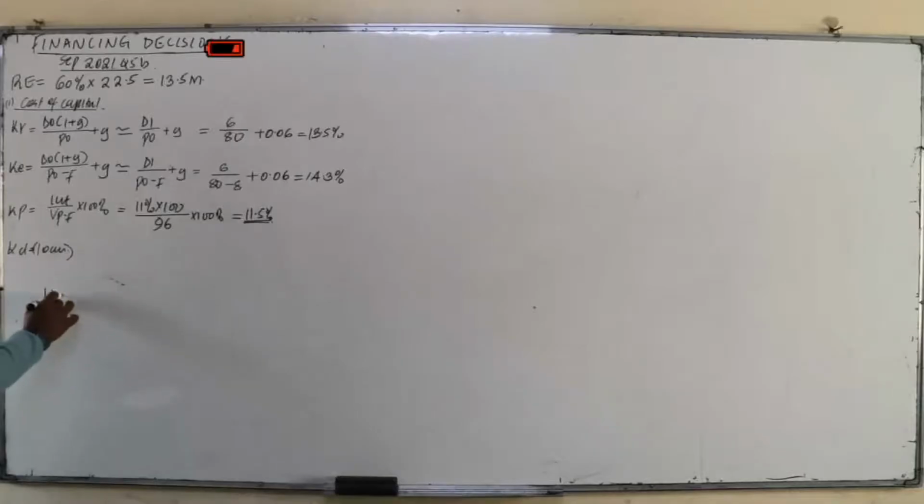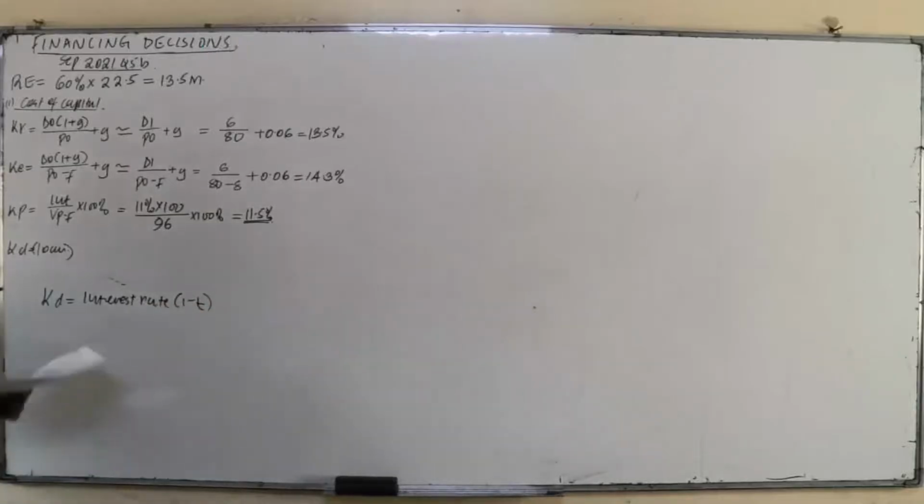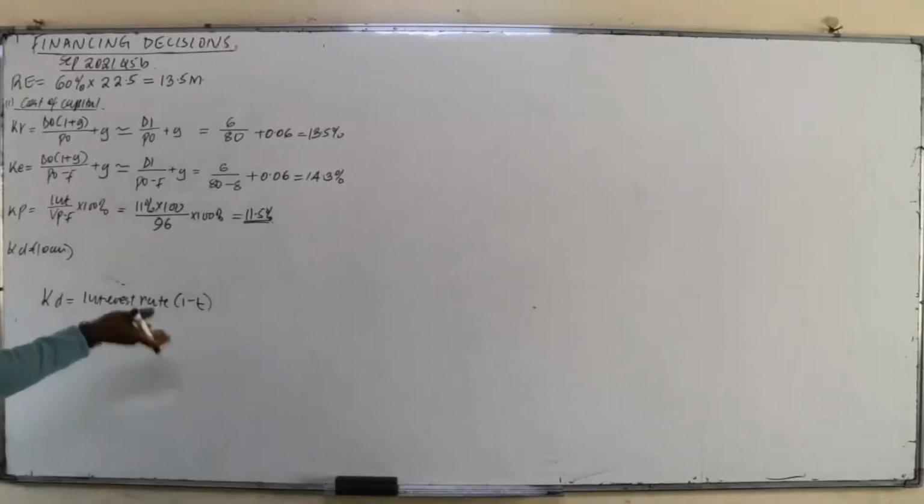In case of our own, to get the cost of the debt, you just take the interest rate times 1 minus T. So in case of our own, we are saying that to get the cost of the debt, you take the interest rate times 1 minus T.